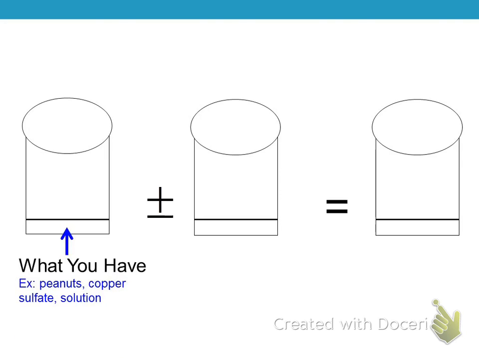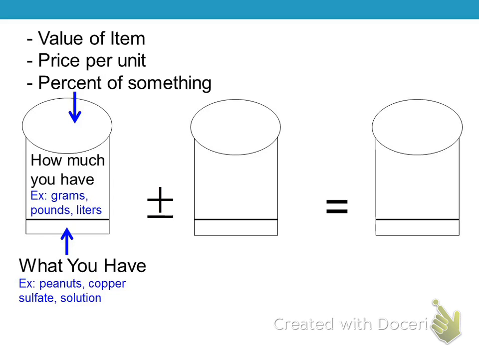So if you're talking about peanuts or copper sulfate solution, whatever you're talking about, whatever you're mixing, that goes in the bottom. In the middle, that's how much you have. And then up in the top, we're going to talk about the value of each.